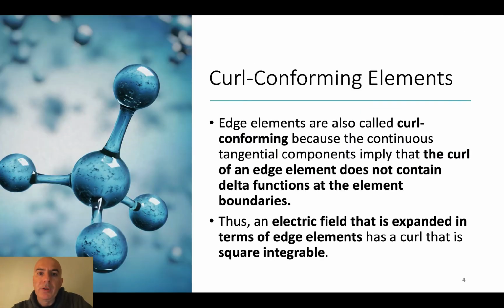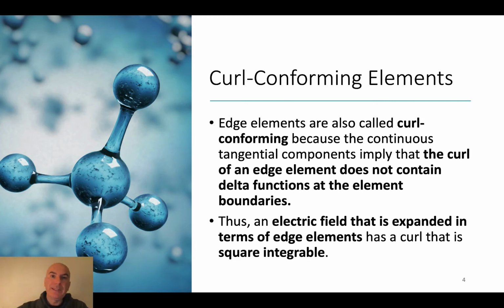So what are curl conforming elements? The edge elements are also called curl conforming elements. The reason for that is that the continuous tangential components imply that the curl of an edge element does not contain a delta function at the element boundary.